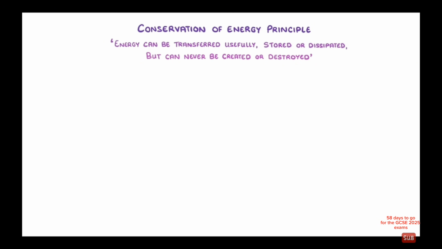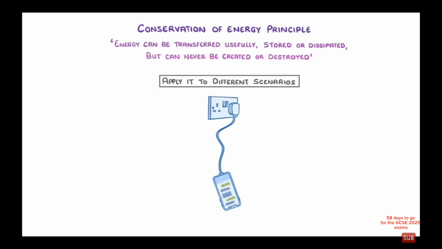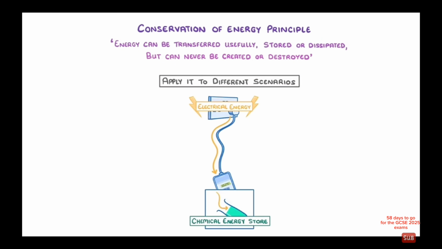Now, you don't need to worry about remembering any of these specific examples that we're going to use in today's video, but you do need to understand the concept of conservation of energy and be able to apply it to different scenarios. For example, when you plug your phone into the wall to charge it, electrical energy from the main supply in your house travels along the wire and gets transferred to the chemical energy store in your phone's battery.